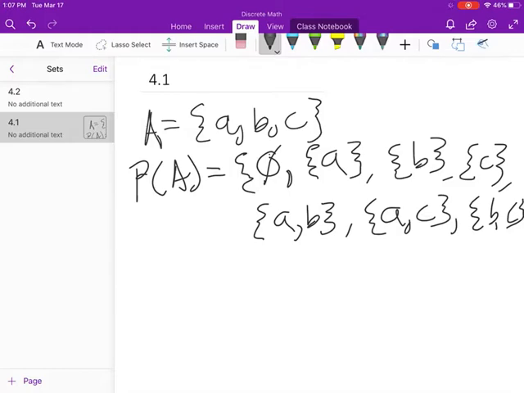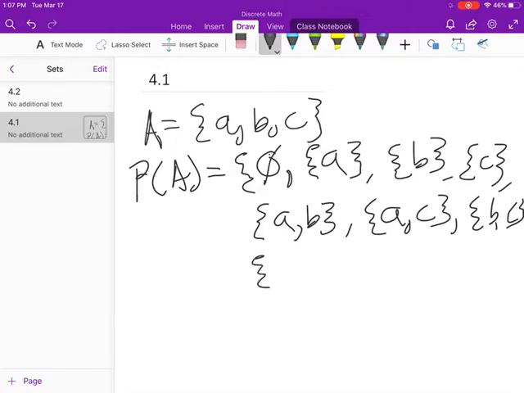Remember that when I have a set, the sets AB and BA are the same set because they contain the same elements. Those sets are what we would call equal, and we can talk more about set equality later.